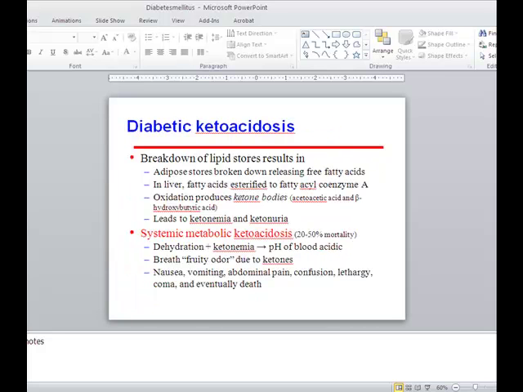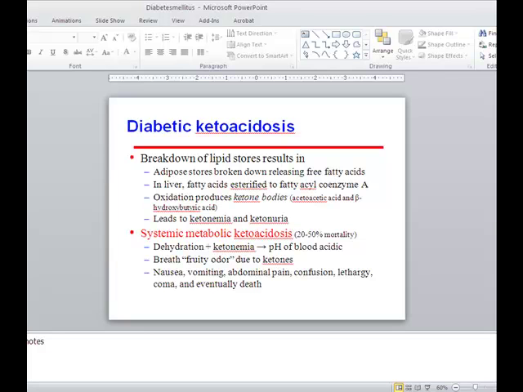Okay, and the lipid metabolism. Normally insulin promotes the storage of lipids and prevents lipolysis. So now the storage of lipids is not promoted and the stored lipids are broken down.